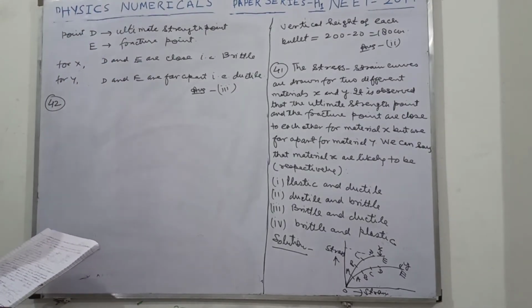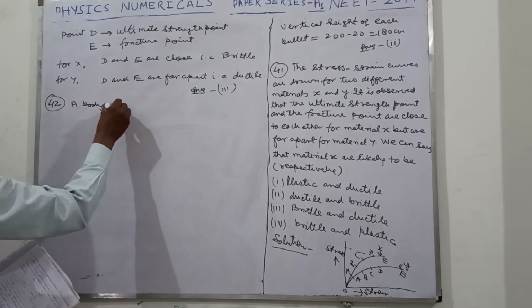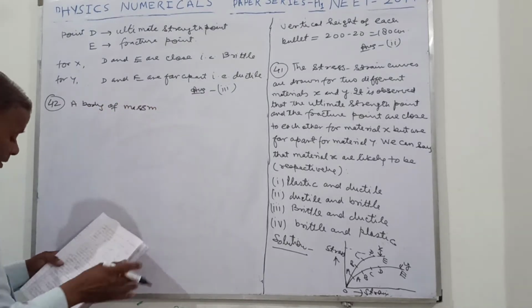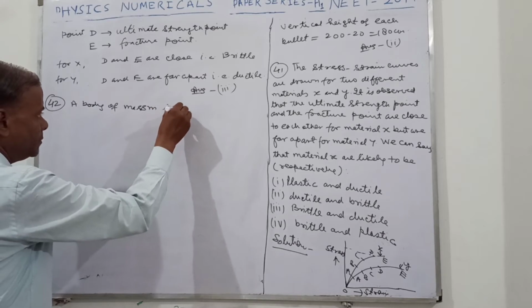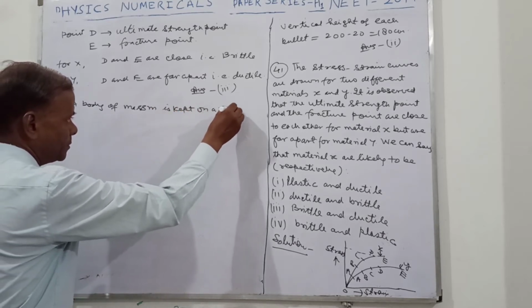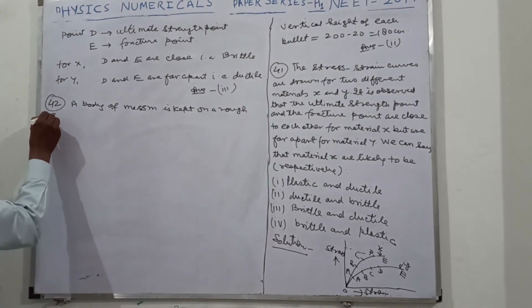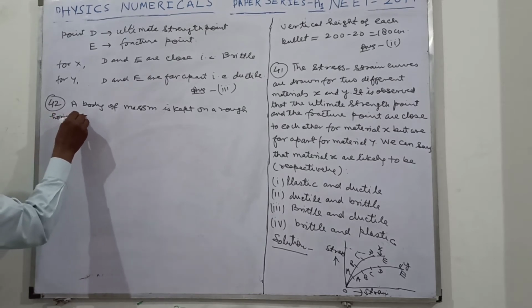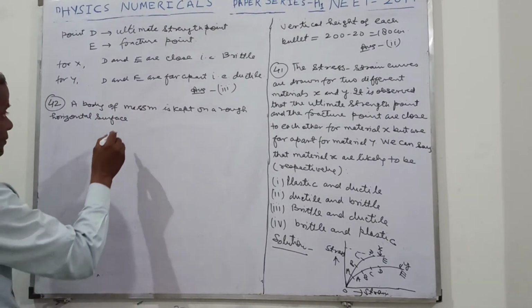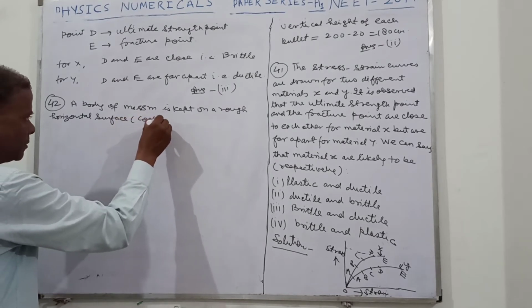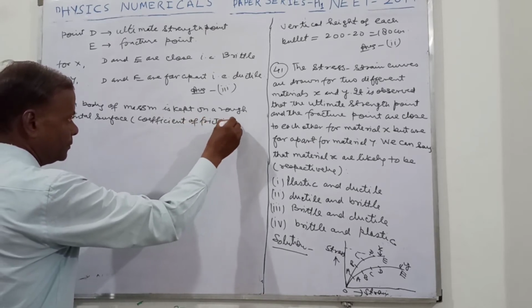Now 42nd question. A body of mass M is kept on a rough horizontal surface, coefficient of friction equal to mu.